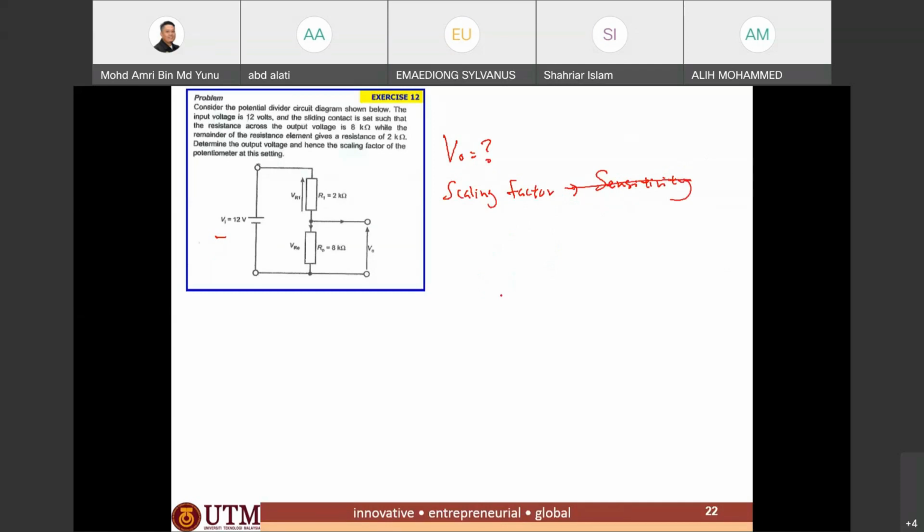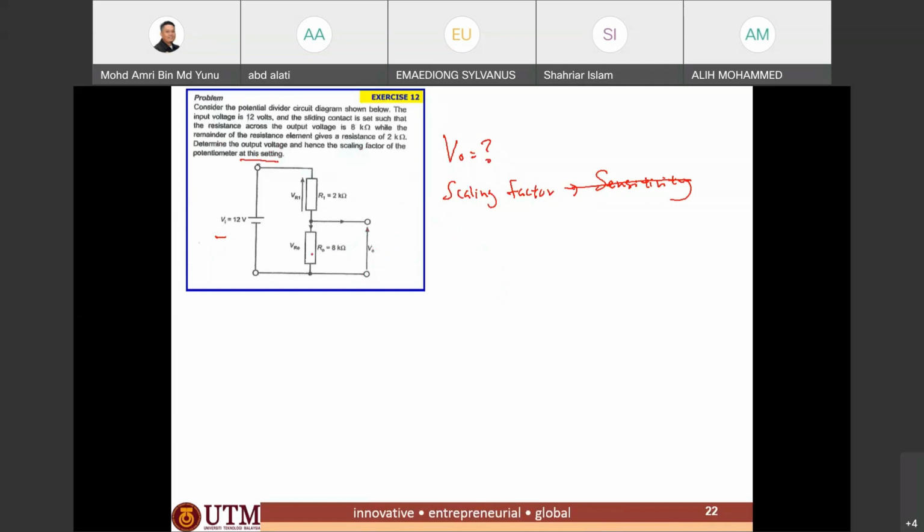It means the output voltage at the given point divided by the input voltage. The scaling factor at this setting corresponds to the output of V out.